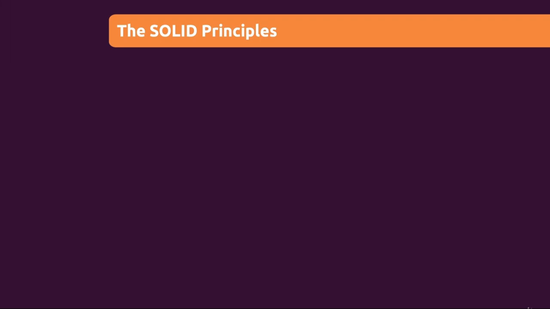So now that we learned about the law of Demeter, we should dive into a couple of other often cited principles which you should be aware of when working with classes and especially when writing code in an object-oriented way. And here, amongst the most popular principles, we would have the so-called solid principles.